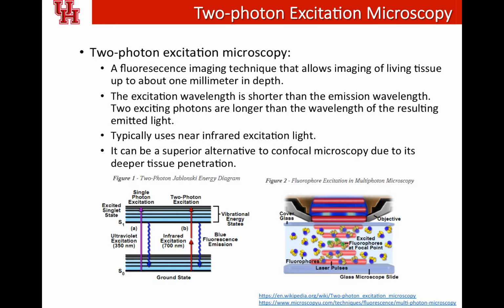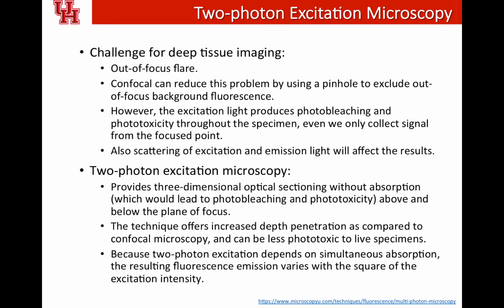For example, the focal point has really strong intensity, but above and below the focal plane the intensity will decay really quickly, and the emission will decay even faster because you have this quadratic relation with the excitation intensity.